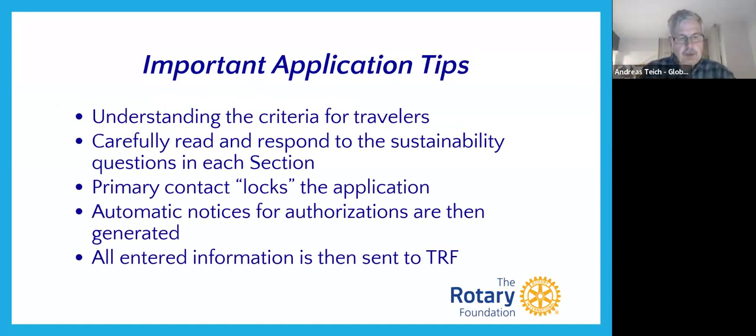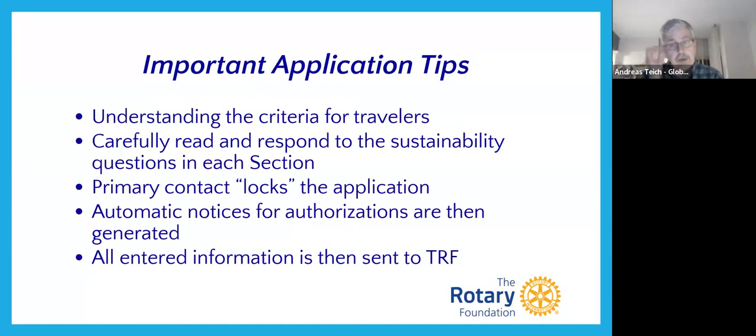So some things to think about: understanding criteria for travelers. If people are going over to participate at the site of the project, make sure you read the sustainability sections. Make sure you know who the primary contacts are who lock the application. This is really critical.